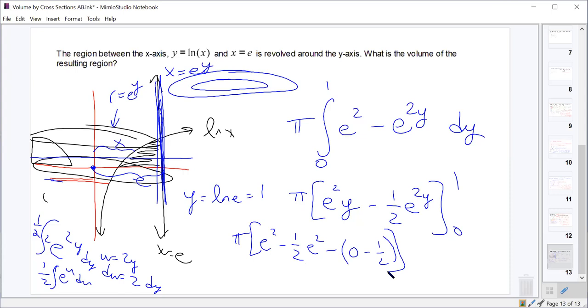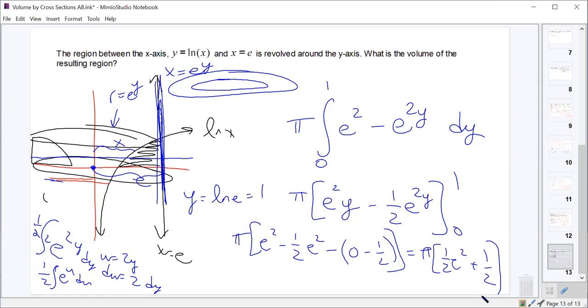So if I plug in 0 for y there, e to the 0 is 1, so I have to use that. Okay. And so we got pi times 1/2 e squared plus 1/2 as our final answer. Good or no?